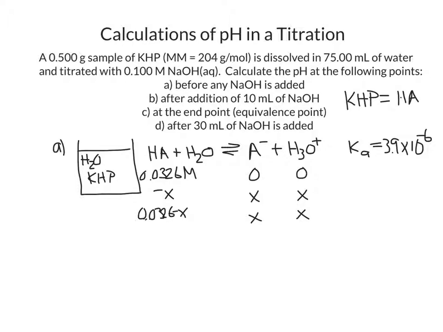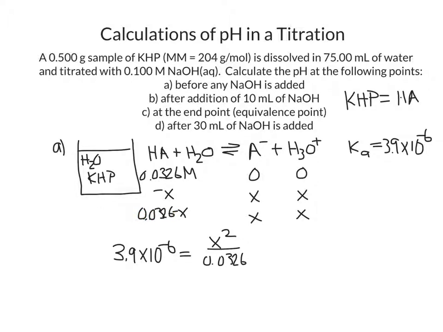So we can write that 3.9 times 10 to the minus 6 is equal to the product concentrations, which is just x squared, divided by the reactant concentration, which can be approximated as 0.0326, because I can ignore x relative to this initial concentration.